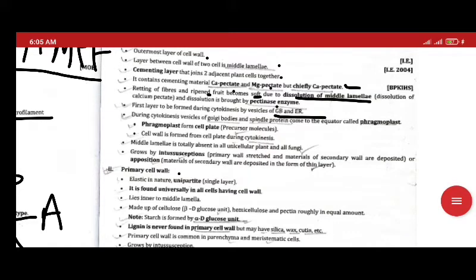Now during cytokinesis, vesicles of Golgi bodies and spindle proteins come in contact, called the phragmoplast. So the phragmoplast is important: it is the process of making what? The cell wall.